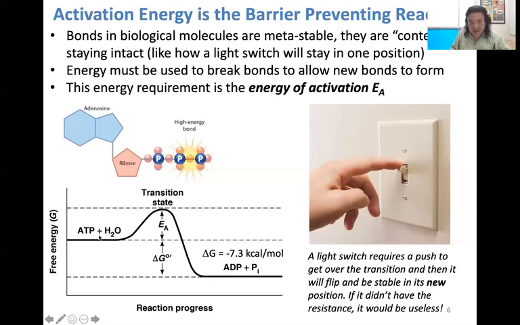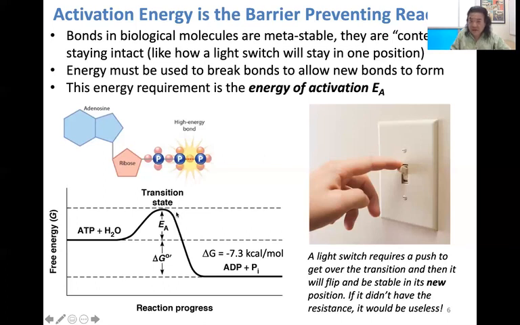So going from ATP interacting with water, if you convert it down to ADP, so two phosphates and a freed phosphate group, you liberate a negative delta G of 7.3 kcal per mole of ATP molecules.